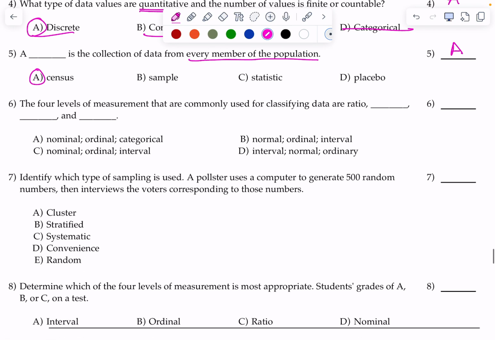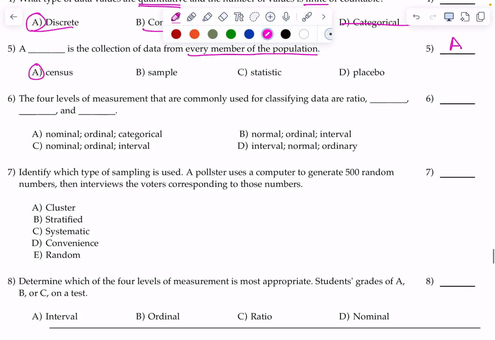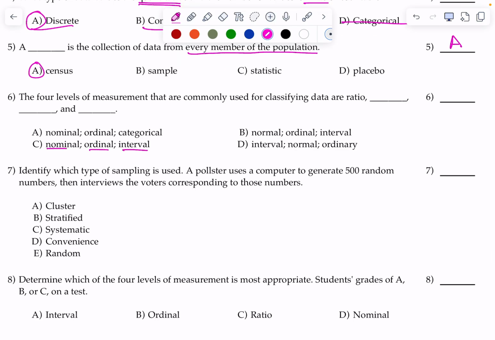Okay, 4 levels of measurement that are commonly used for classifying data are ratio and then blah, blah, blah. What? C? Nominal, ordinal, interval? Okay, what makes A wrong? Categorical is not a subcategory or subclass. Nominal, ordinal, interval.